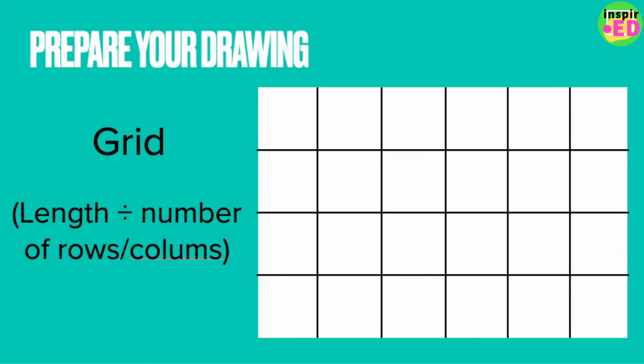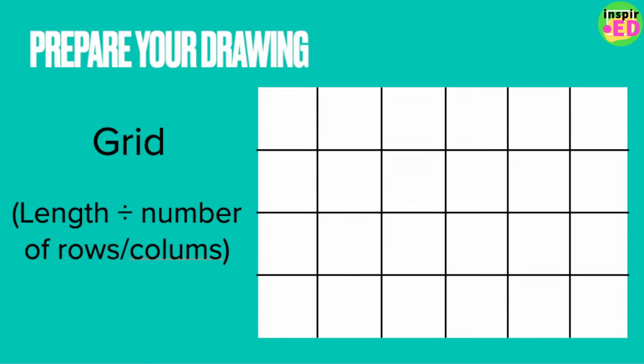The columns are 1, 2, 3, 4, 5, 6 columns, and the rows are 4. So you need to do different numbers. So this number here needs to be divided by 4, and this number here, length of whatever the inches, divided by 6.